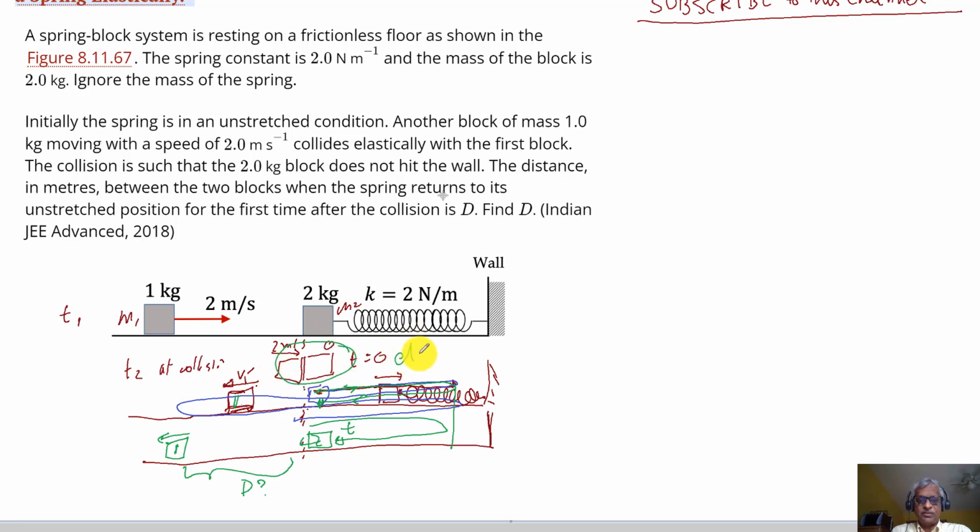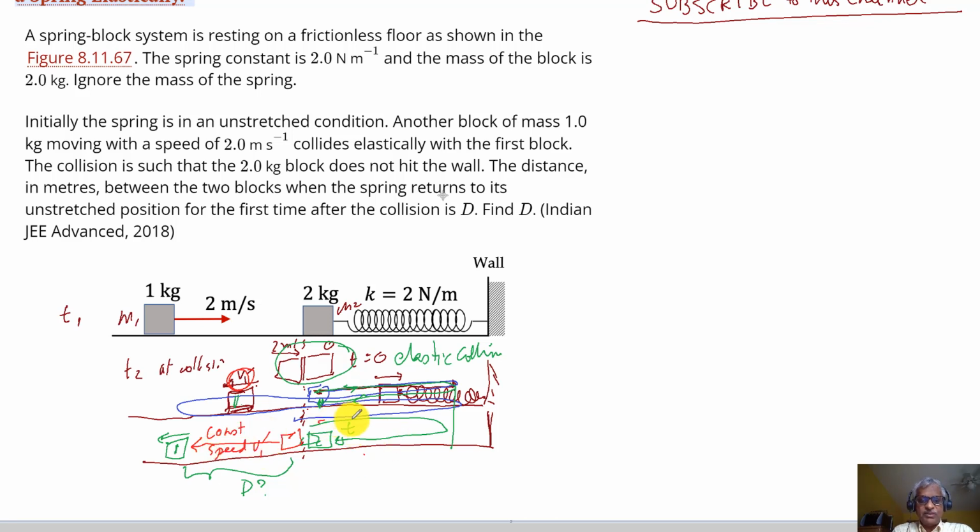This is an elastic collision, and after the collision, number 1 is actually moving. After the collision, number 1 moves from here to here at the constant speed V1 prime.